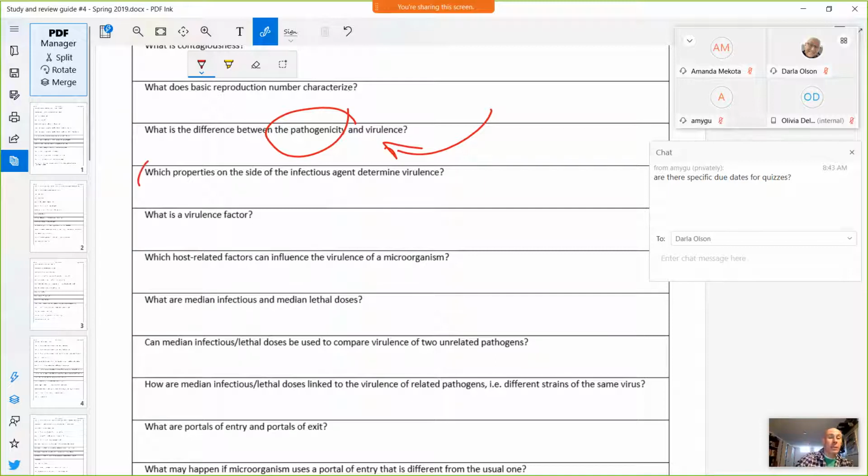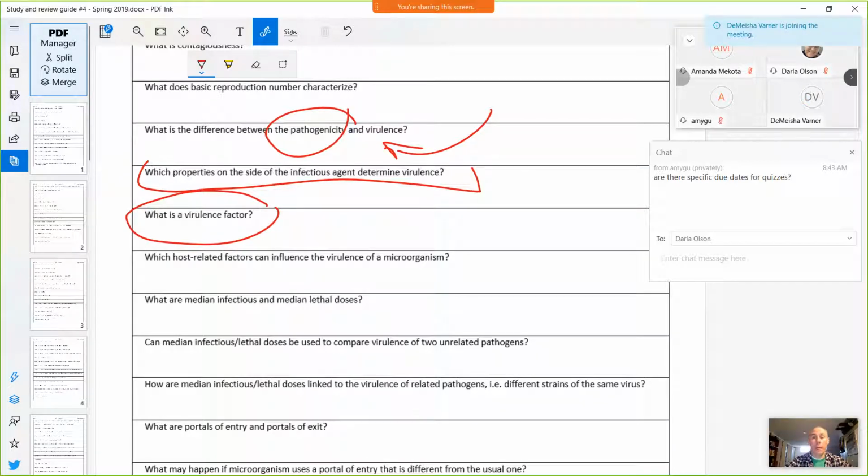Properties on the side of the infectious agent. So proper portal of entry is required. Infectious dose should be sufficient, and a variety of virulence factors. So a virulence factor is any trait in the phenotype that increases the virulence. If we talk about bacteria, things like flagellum is a virulence factor.